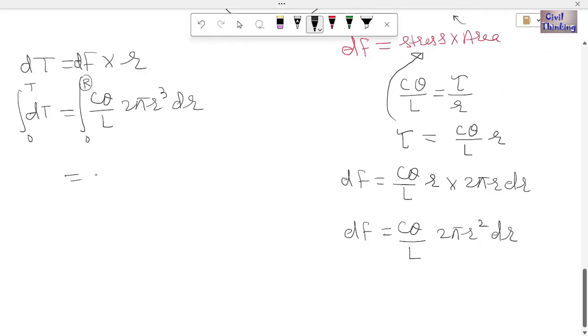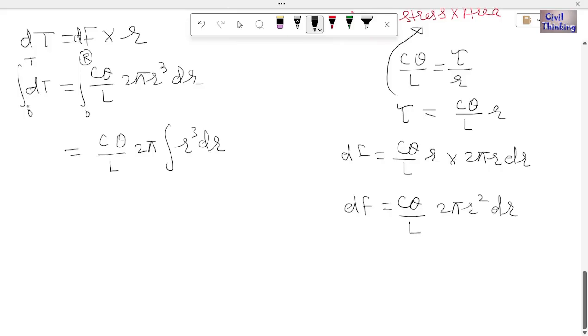Now C is constant, theta is constant, divided by L is also constant, and 2 pi is constant. It is going to be integration of r cube dr, and from here integration of dT from 0 to T, it is going to be total torque T. So it is going to be C theta divided by L, 2 pi.